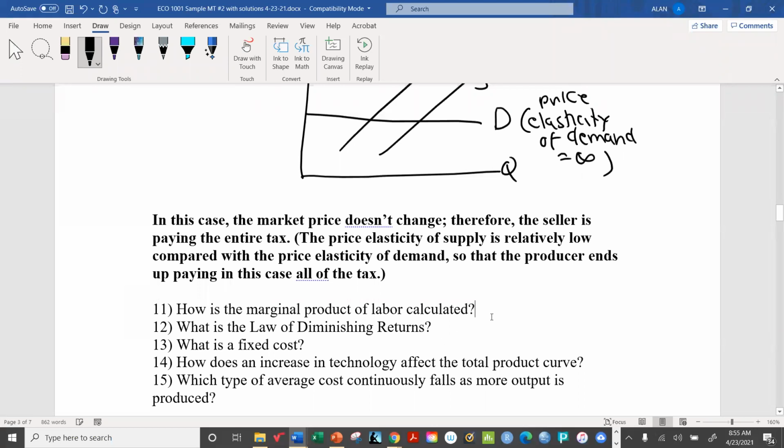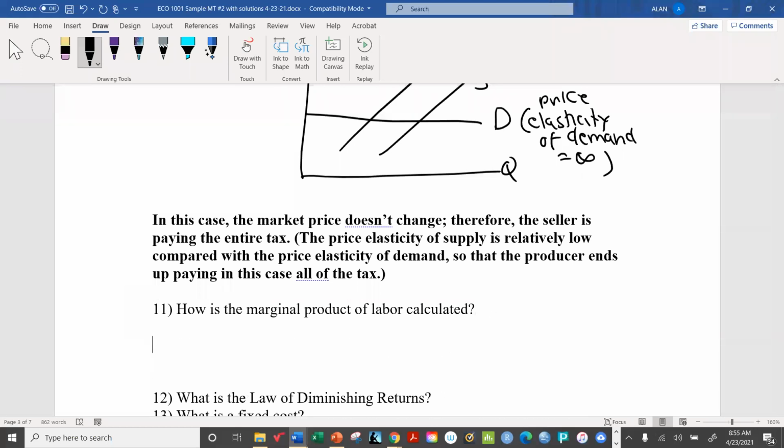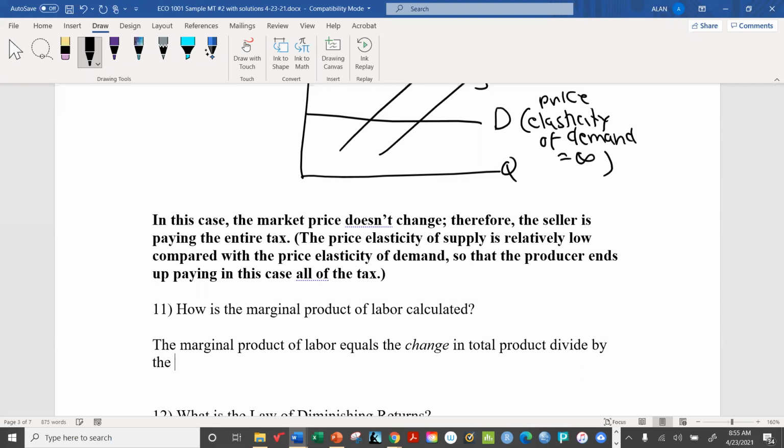So now the marginal product of labor, again, you can do this in English or with an equation, or both. The marginal product of labor equals the change, I'm going to emphasize that with the italics, in total product divided by the change in labor. There we go, that's better.